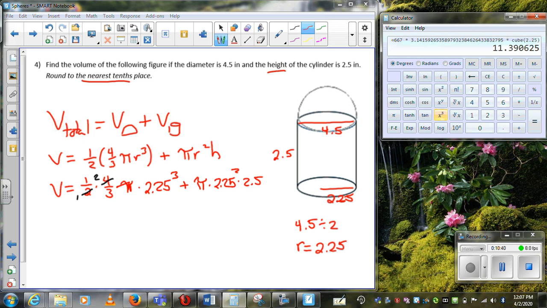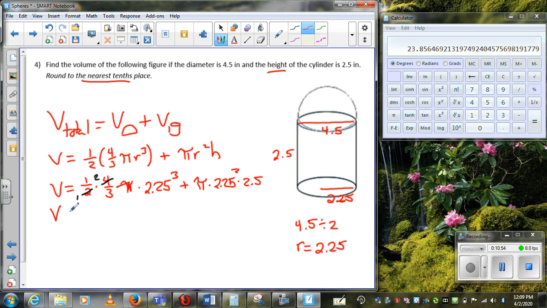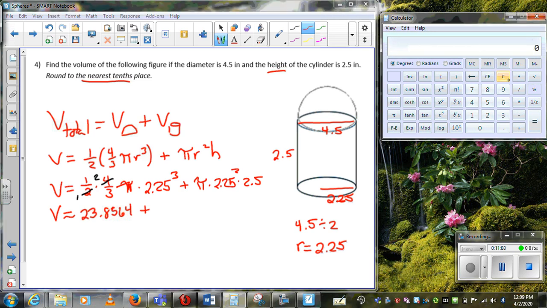I think I might give that a try. And I think that's right. Okay. And actually, I just forgot to hit enter on that. So the volume is actually approximately 23.856. I'm just going to take it out 4 decimal places. Now I'm going to punch in the other one.